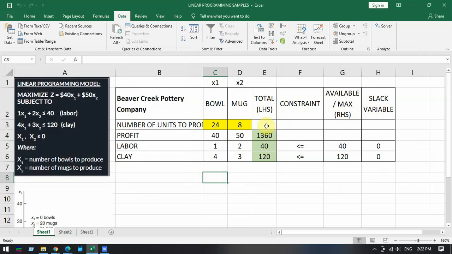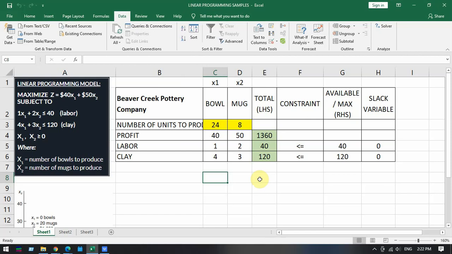That's it, right? We don't have to do a lot of mathematical equations. We just need to click on the solver and make sure that the data are encoded.